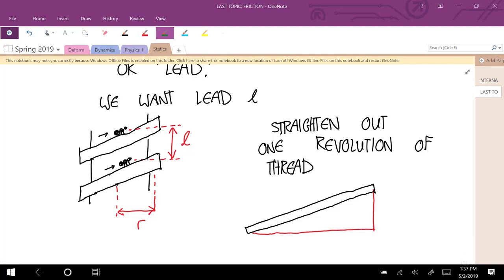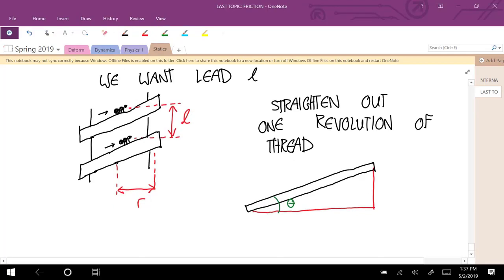Okay, where this is the angle we want. The horizontal length is the circumference of the thread, so that's just 2 pi r. And the height is the lead.